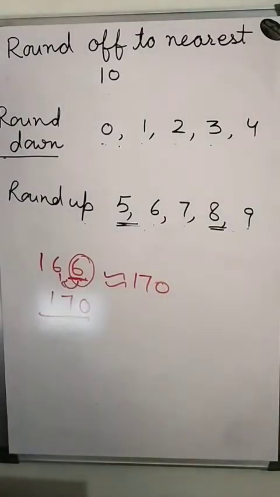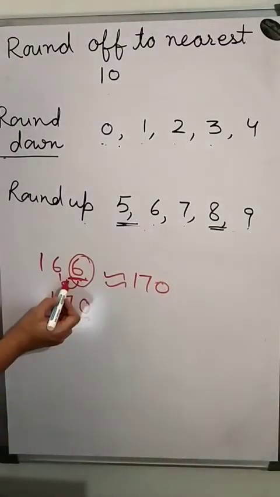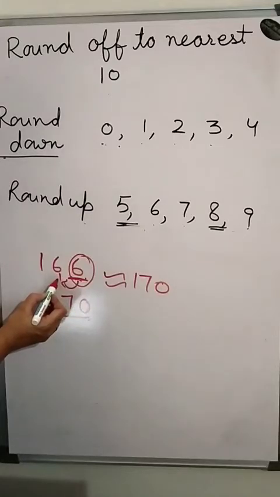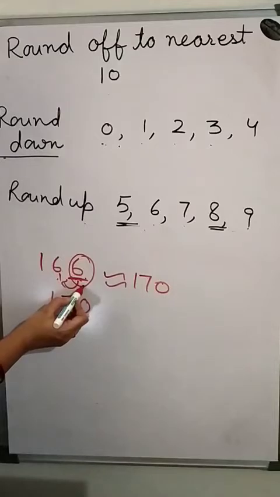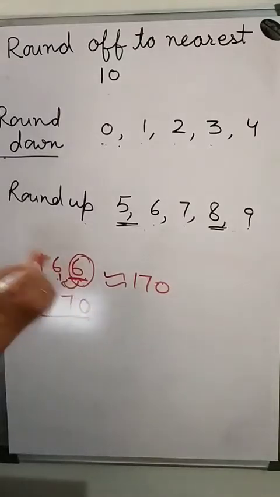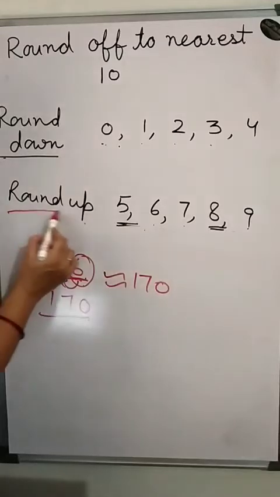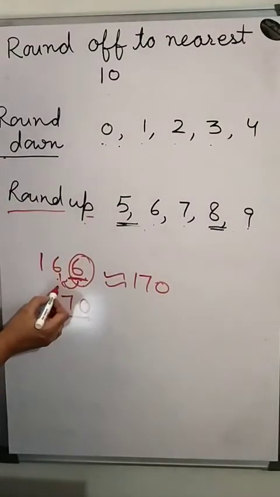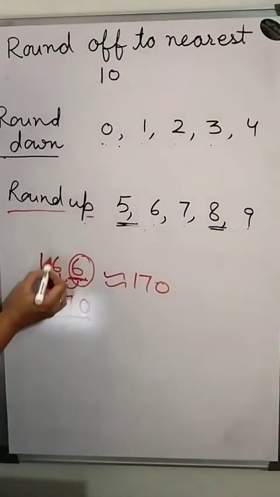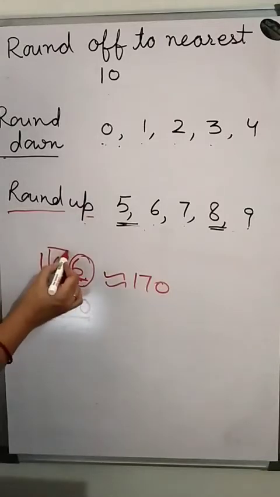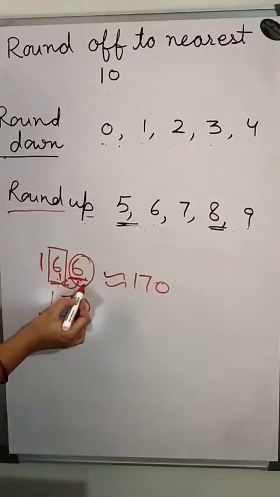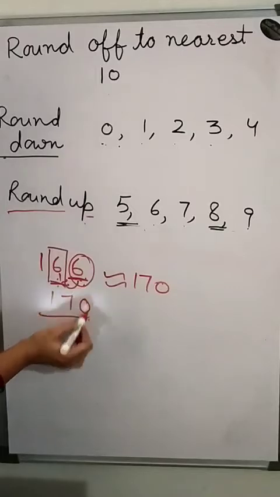So for rounding up a number, we add 1 to its tens digit and put 0 in place of the unit digit. I will explain again. Whenever you are rounding up a number, you add 1 to its tens digit and put a 0 in place of the unit digit.